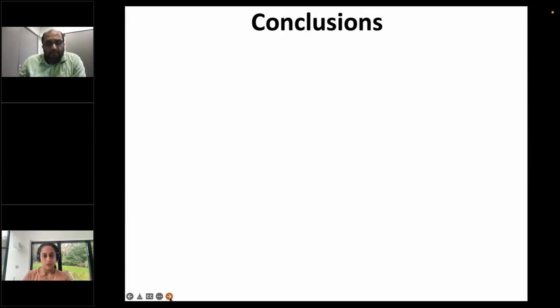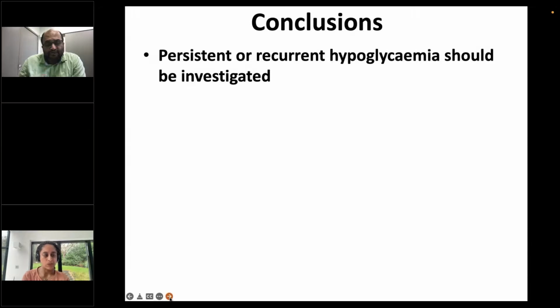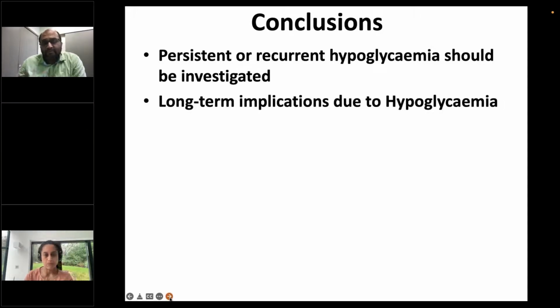So just to conclude, I have a few cases after this, so maybe we can have some discussion about that. When we have persistent or recurrent hypoglycemia in children, we should investigate them, making sure that we take critical samples at the time of hypoglycemia. Preparation is extremely crucial, as it helps us get the right diagnosis.